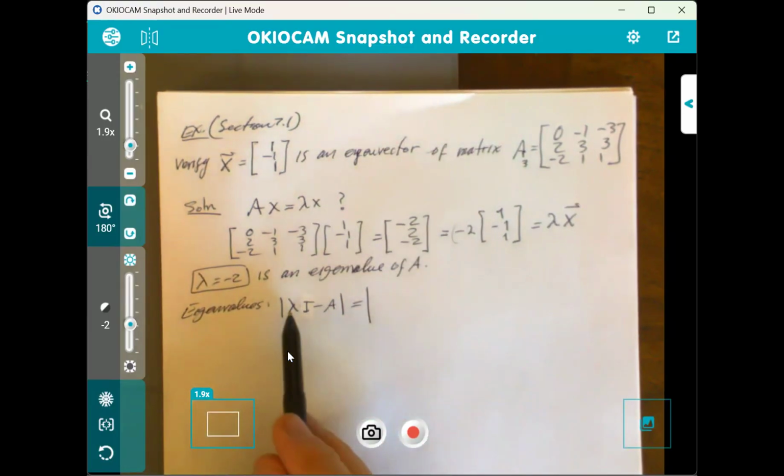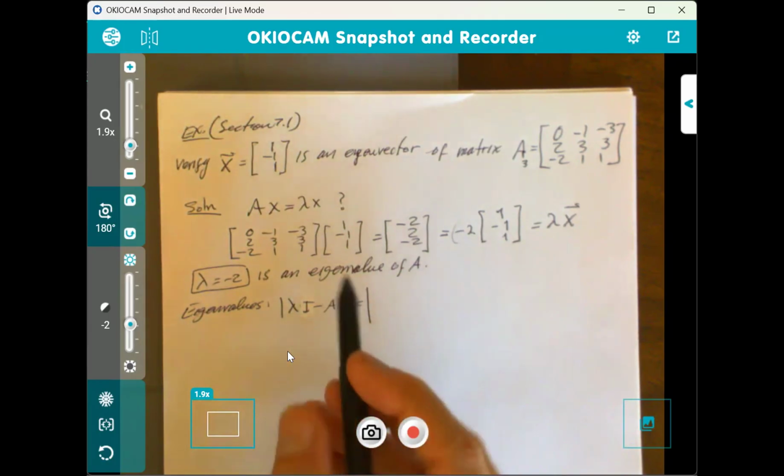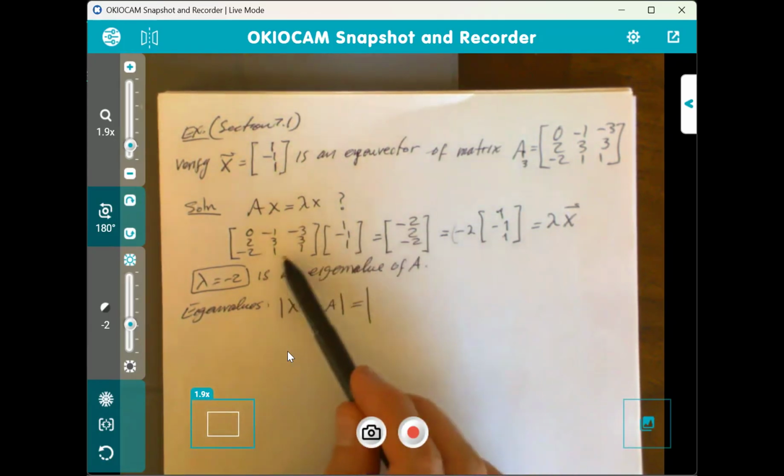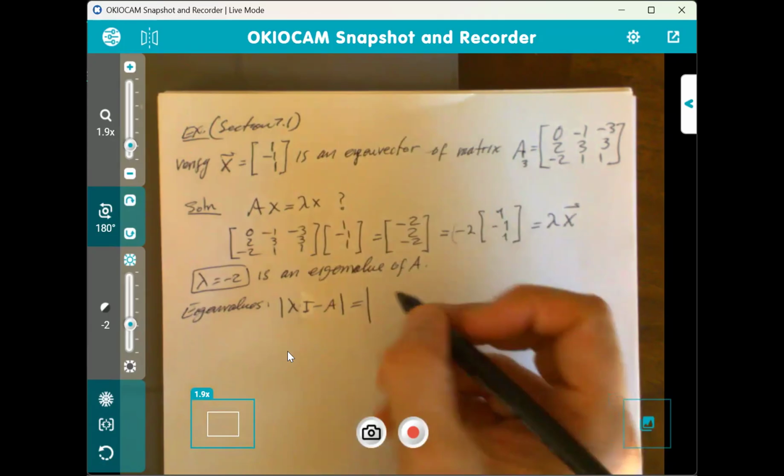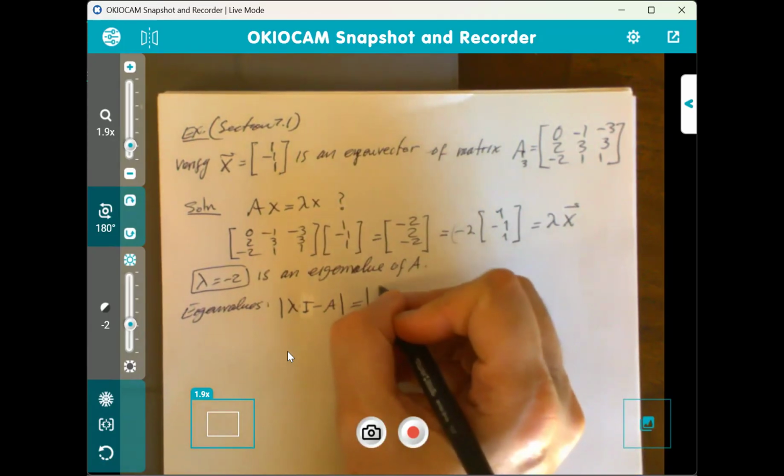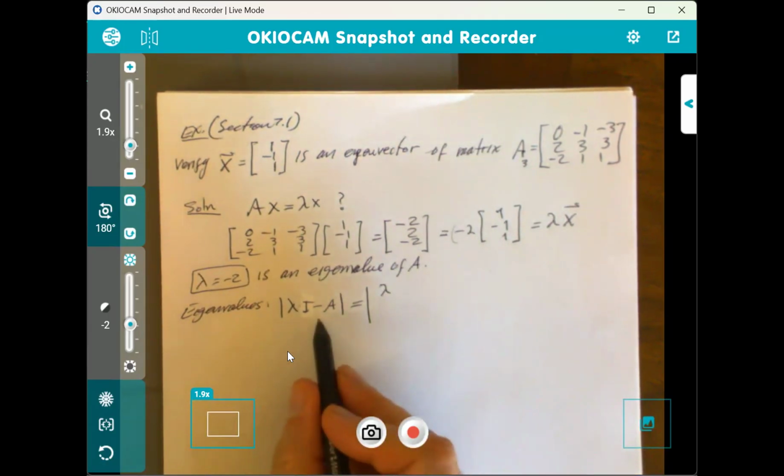For this one, remember I is a 3 by 3 identity matrix. When you multiply by lambda, the main diagonals are all going to be lambdas, minus matrix A, which is this one. So you see lambdas on the diagonal of this difference between the two matrices.